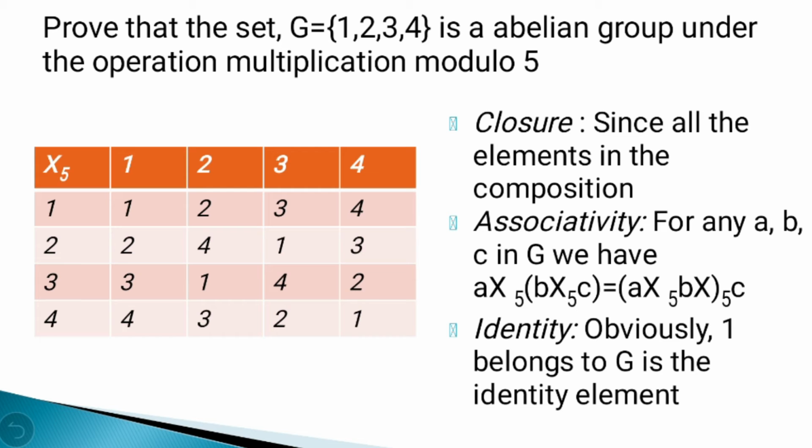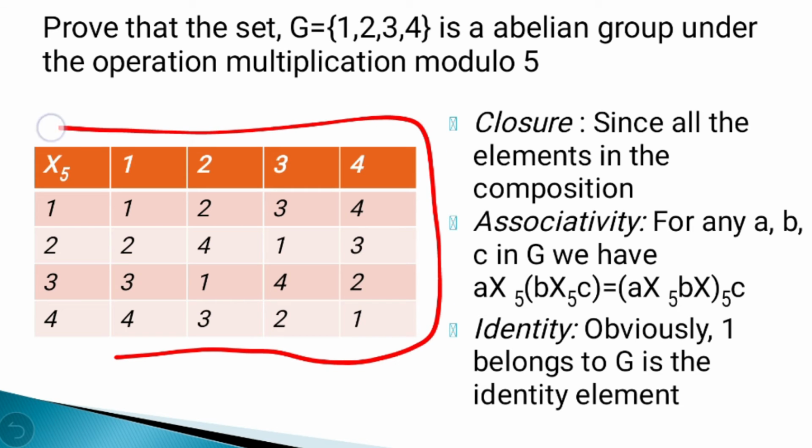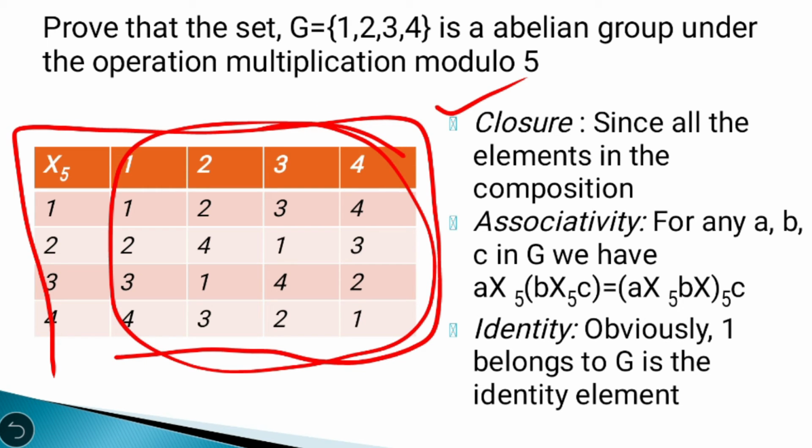Now with the help of this composition table we can easily verify whether the group is an abelian group or not. Let us verify all the properties of the abelian group. The first property is closure. Since all the elements in the composition table belong to the group G, it is closed under this operation.